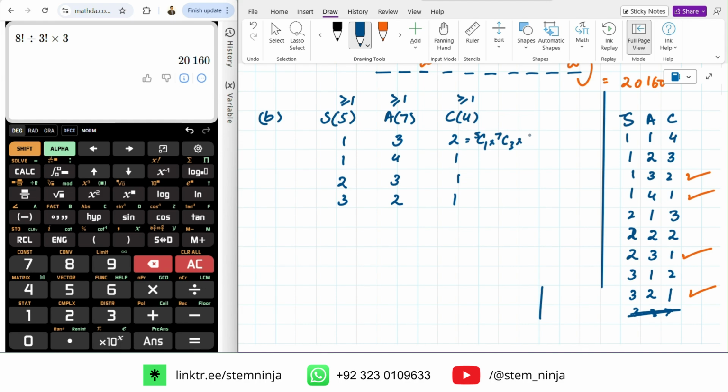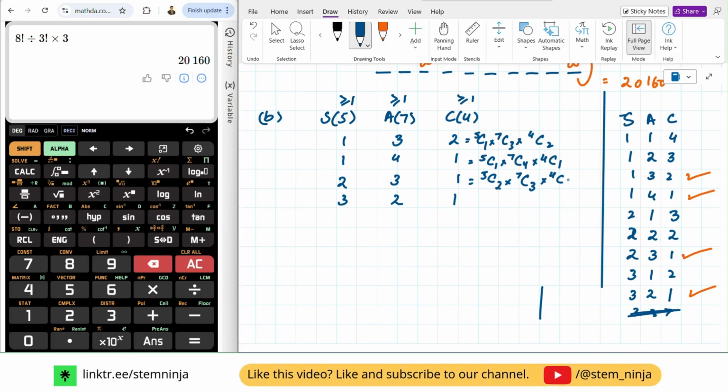Right, so 5C1, 7C3, 4C2, then 5C1, 7C4, 4C1, then 5C2, 7C3, 4C1, then 5C3, 7C2, 4C1. Right, okay.